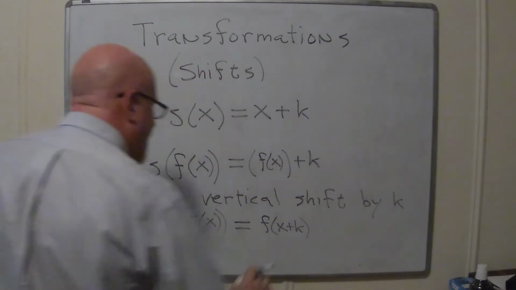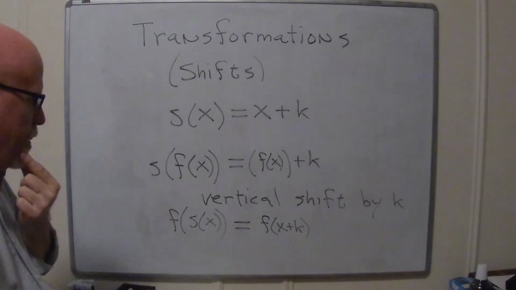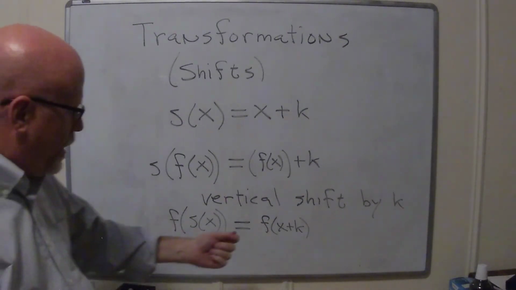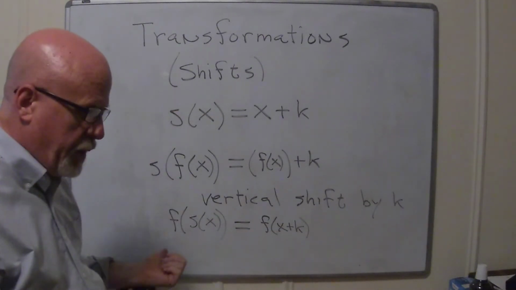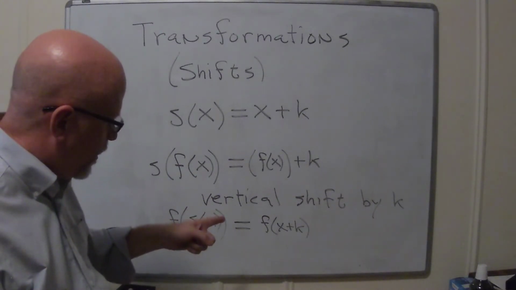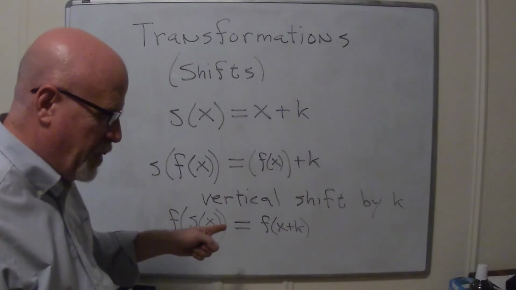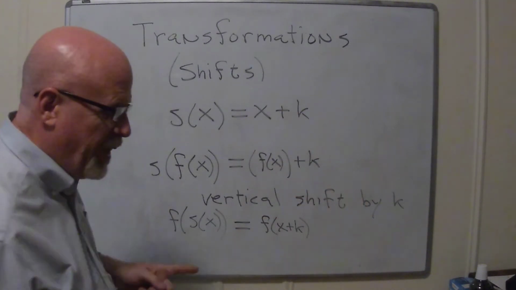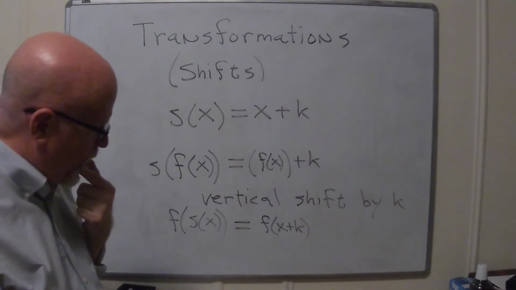So what does that mean? It's a little hard to conceive of, but what's happening here is you're adding k to the x value before you feed it into the f. So what gets plotted at a particular x coordinate is not the function value that goes with that x coordinate. It's the one that goes somewhere down the road, k units farther down the road.